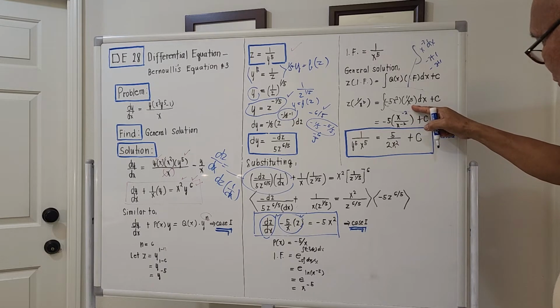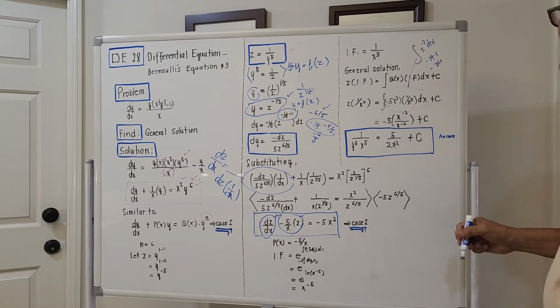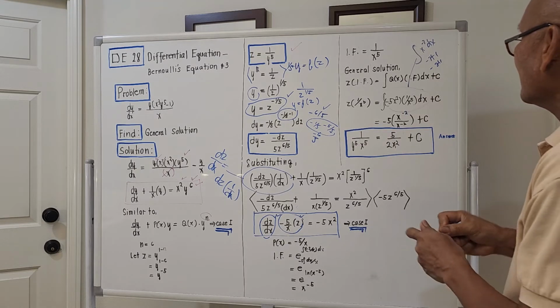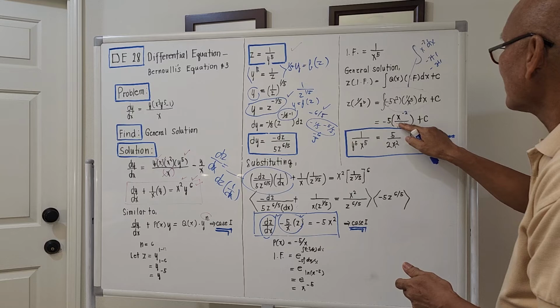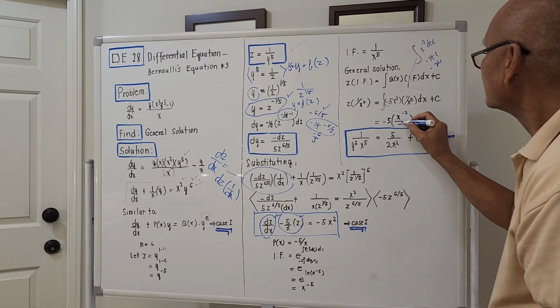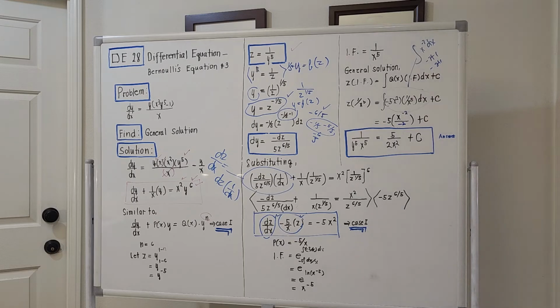So this will become minus 2. Okay. Sorry for this one. Oh, this is just simply minus 2. Right? So negative, negative, that will now be plus 5 halves, so I will bring it down, x squared plus c.